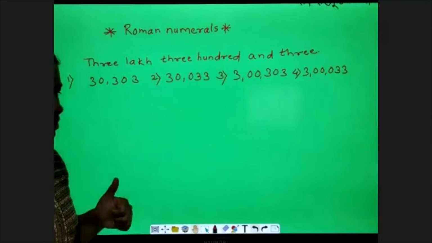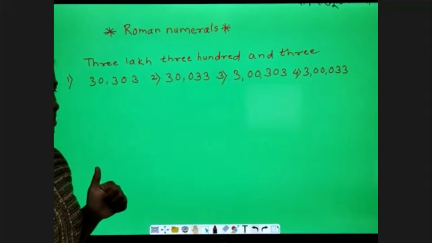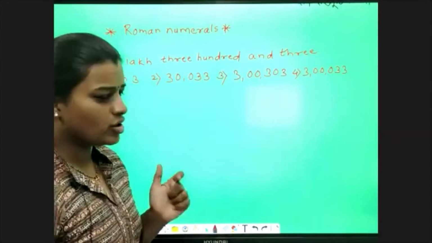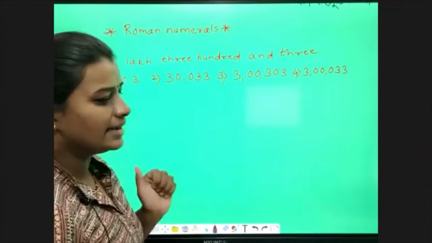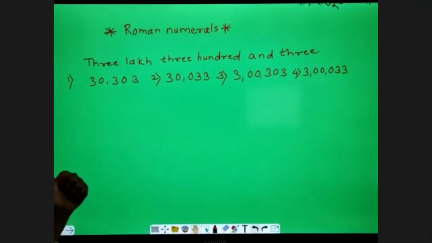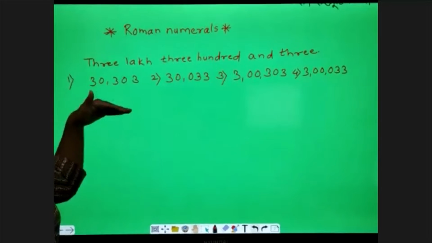It's 3,300,000, not 30 lakh. Yes, Soham, you are right. Aradhya, check your option. It is 3 lakh, not 30 lakh. Yes, Pari, right. Arnav, check it properly. See the options properly.